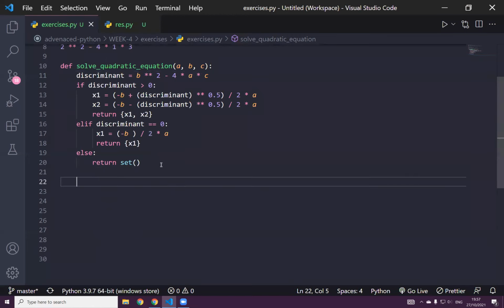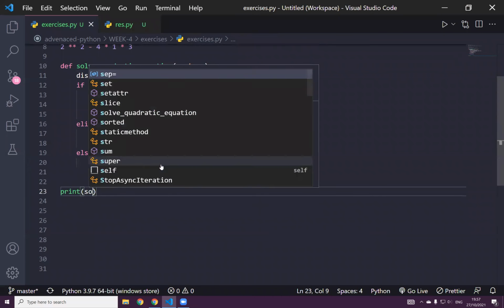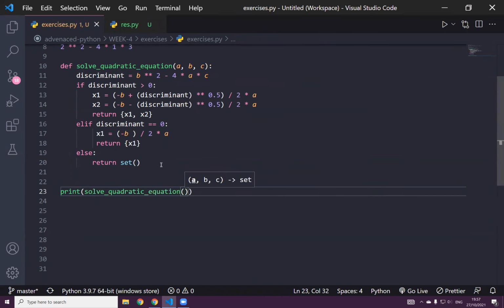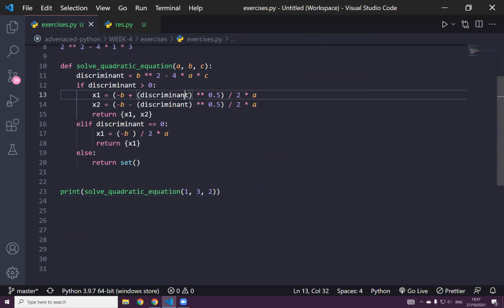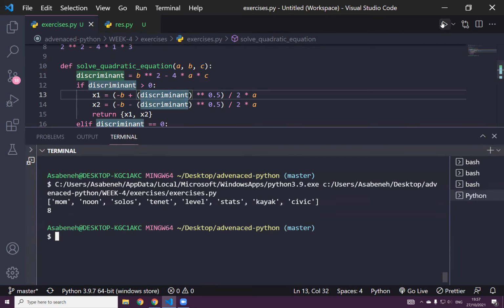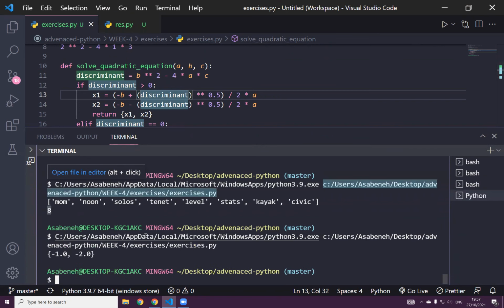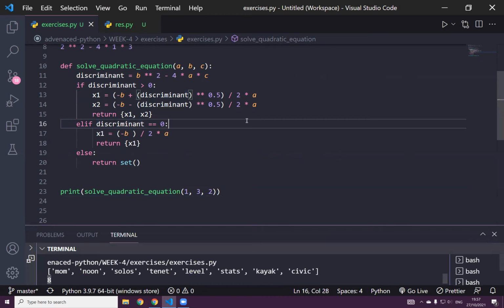Just to check now, print solve the quadratic equation, and if I have 1 and 3 and 2, let's see the value for this. One and -1, yeah, that's good. Oh, great.